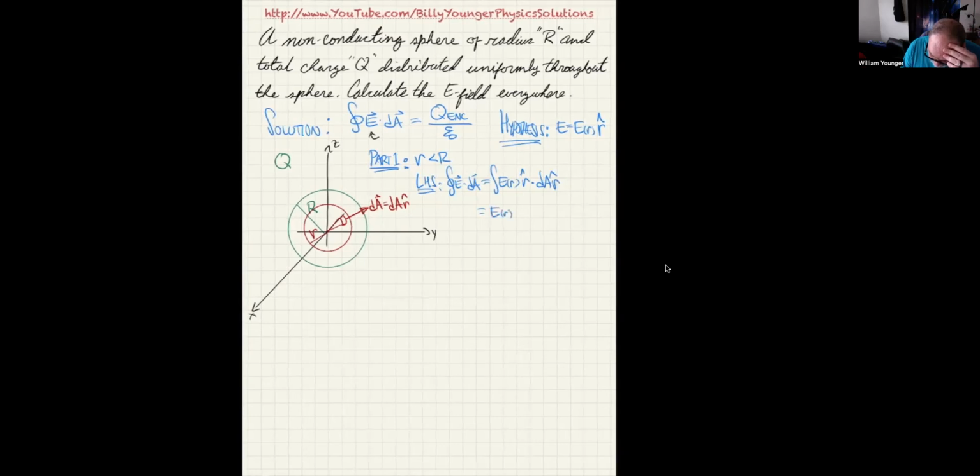because you're integrating it over the Gaussian surface. And this is the Gaussian surface.